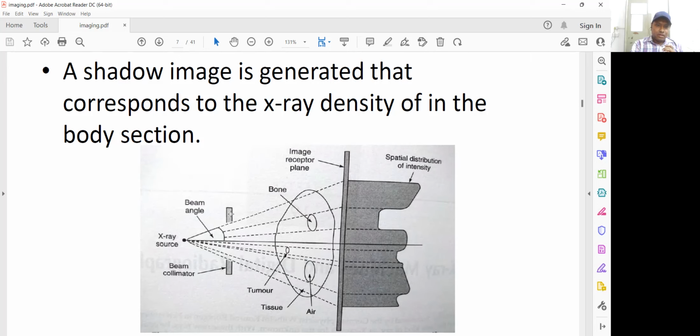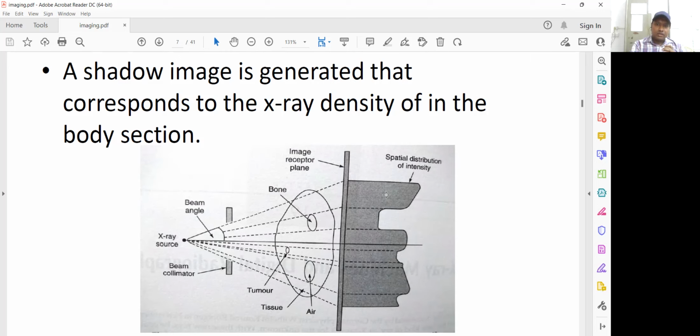And see this column. This is actually the beam collimator. So there will obviously be some beam angle, and with that angle it is incident on the human body, which consists of the bony structure, maybe some tumor, different tissues, air, blood and other elements. This X-ray is penetrating all these things.